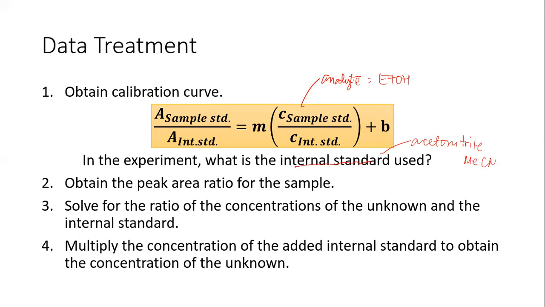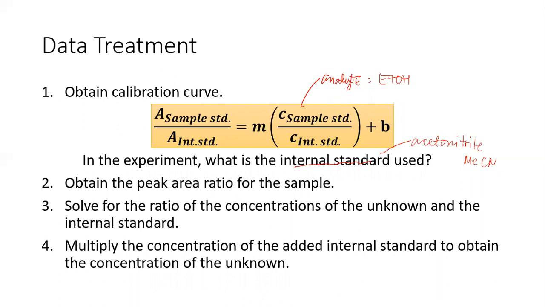So you obtain the peak area ratio for the samples. From the instrument, you will obtain the peak areas or peak heights for the two components. Then you take the peak area ratio. And then after that, you can solve for the ratio of the concentrations.